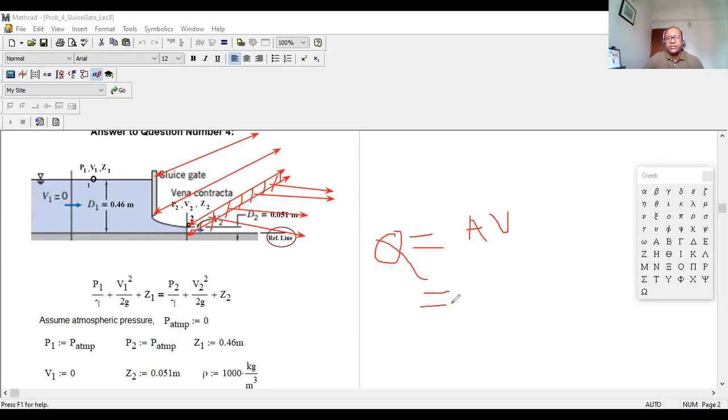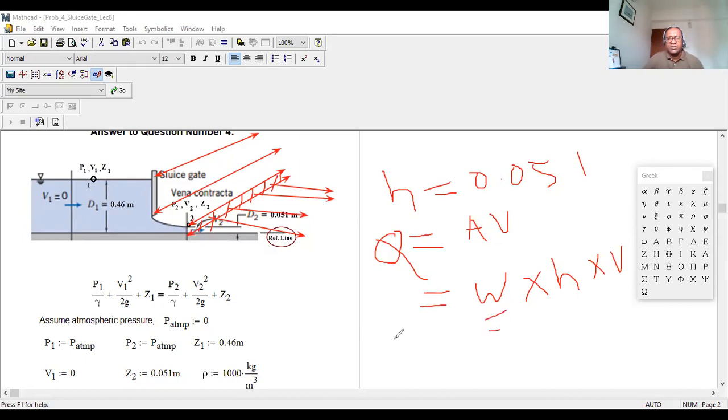So what is the area? W times H, times V. What is my H in that case? H is 0.051. V we already figured out, but W is not given.